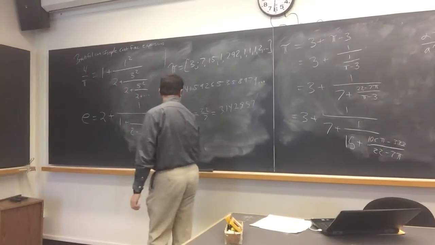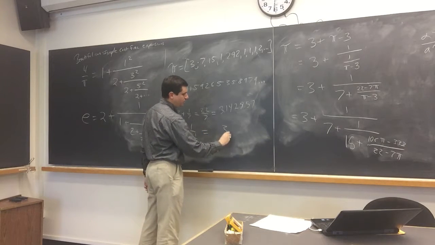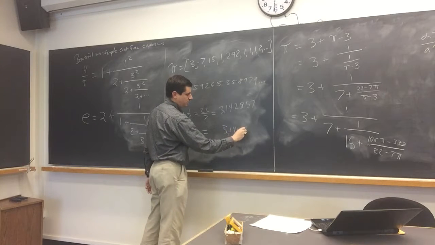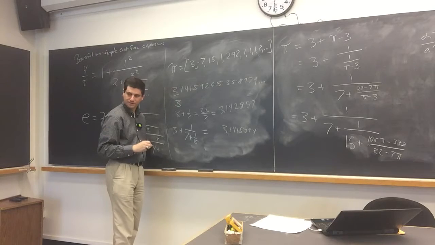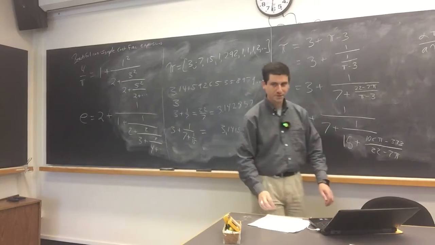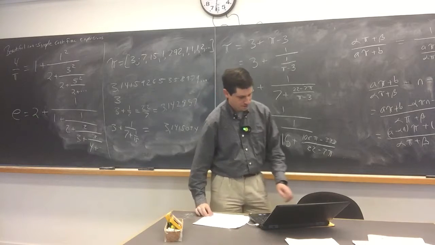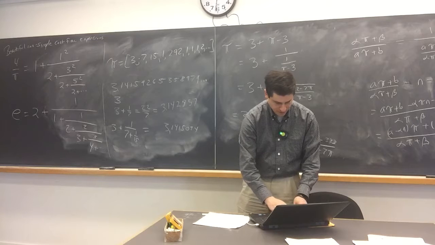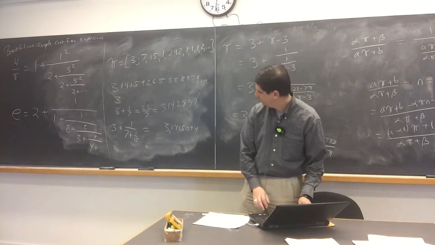So what's this next one? 3.15094, 3.1415094. And what's the fraction? So it's 3 plus 1 divided by 7 plus 1 divided by 15.